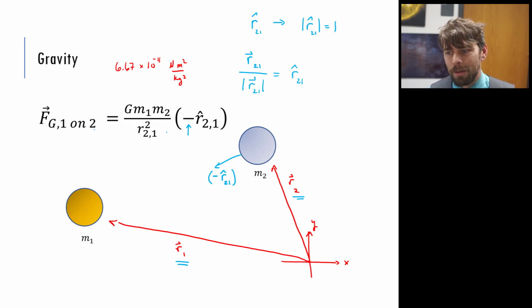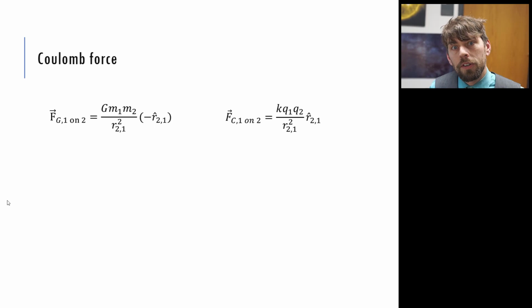Well, let's go to the topic of the day. Now that we have our brains refreshed for Newton's law of gravity, introducing Coulomb's law will require just a couple of slight modifications. So let's look at those. First off, I've written down the gravitational force and the Coulomb force.